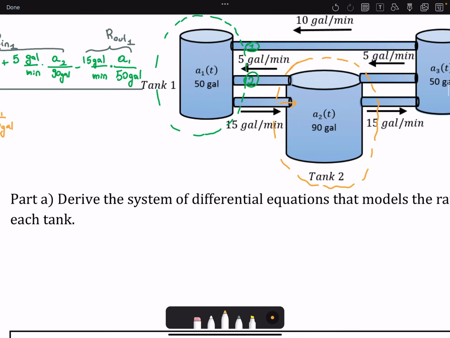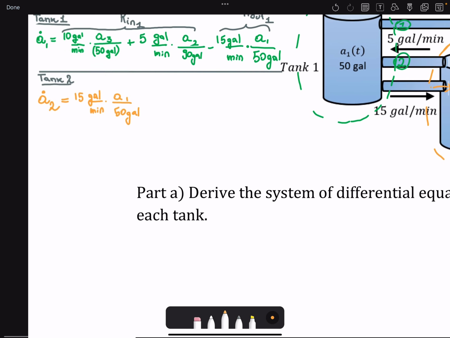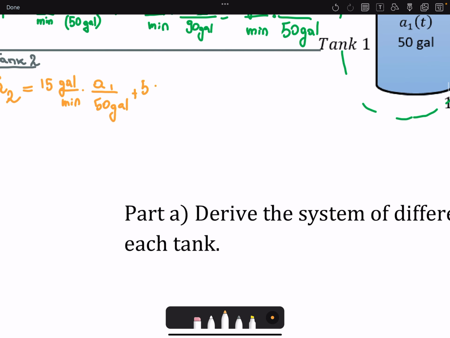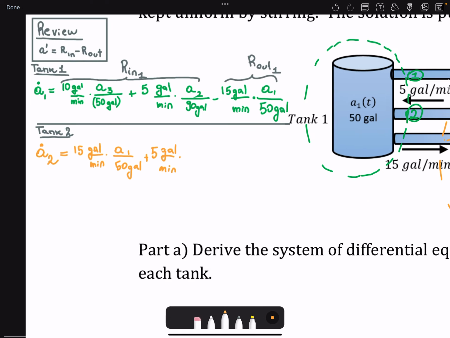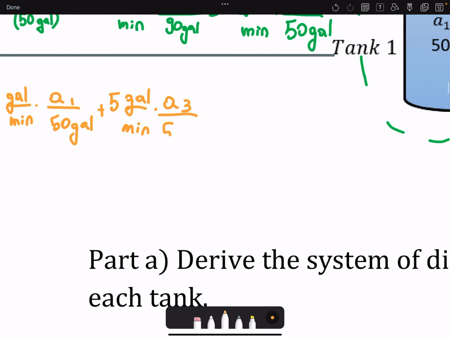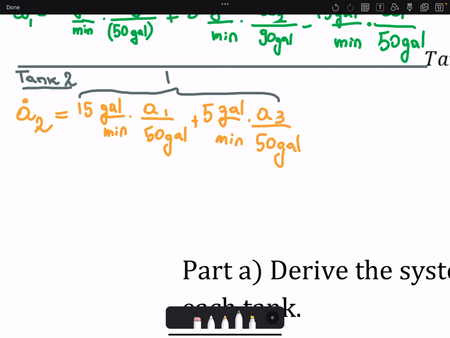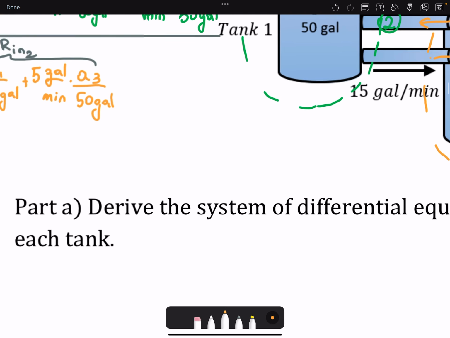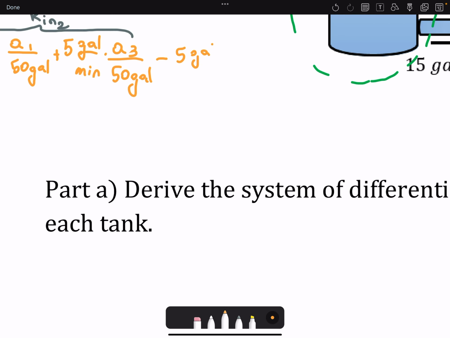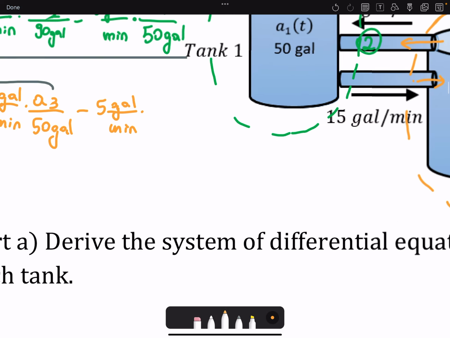And now let's look at what else is coming in. We got these 5 gallons coming in, so plus 5 gallons per minute multiplied by the concentration of that water. Well, that solution is coming from tank 3, so it's going to be A sub 3 over 50 gallons. And this is going to be our rate in 2. Now, let's look at the rate out. We have 5 gallons per minute going out of our tank.